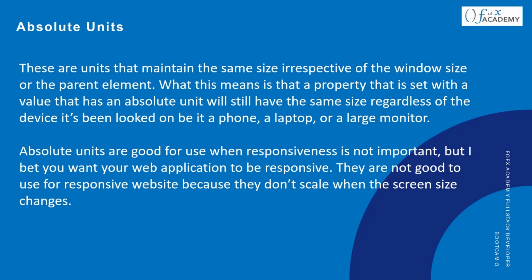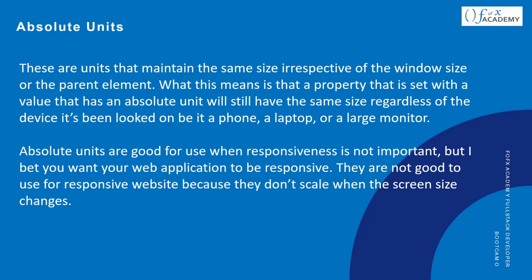So absolute units are good for use when responsiveness is not important. But I bet you want your web application to be responsive. You want people to be able to view your website on a phone, on a laptop, on an iPad, and all like that. The reason it's not good for responsive design is that when somebody is viewing your website on a phone or an iPad, absolute units don't scale to the screen size.